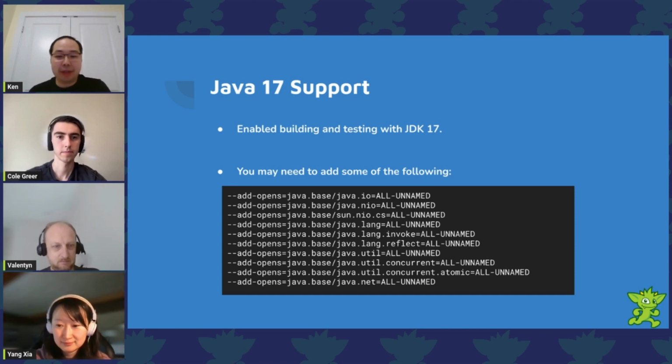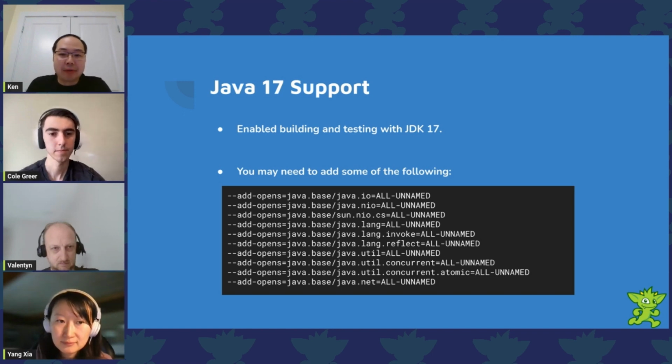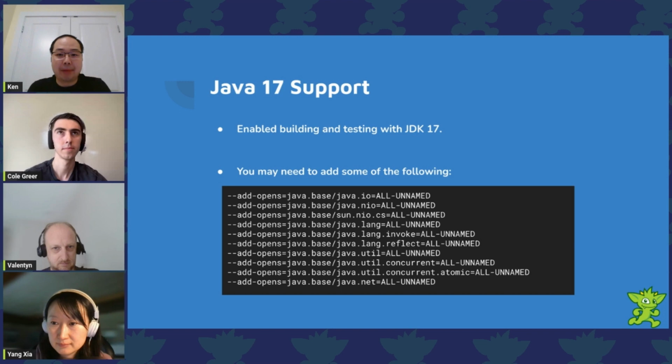But one thing you should note is that due to the use of deep reflection, mostly in the serialization libraries, you may have to add opens or add exports as some JVM options in order to make it work. This probably won't affect most users.